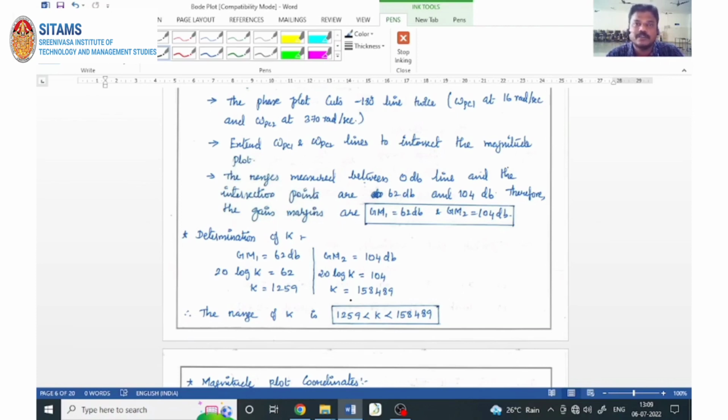Using these values, we calculated gain margin and phase margin. In our case, two gain margins are present, and using that gain margin we calculated the gain. In this problem, no specification is given to determine K, so directly we can convert that gain margin into K. So this is all about this basic type of problem.